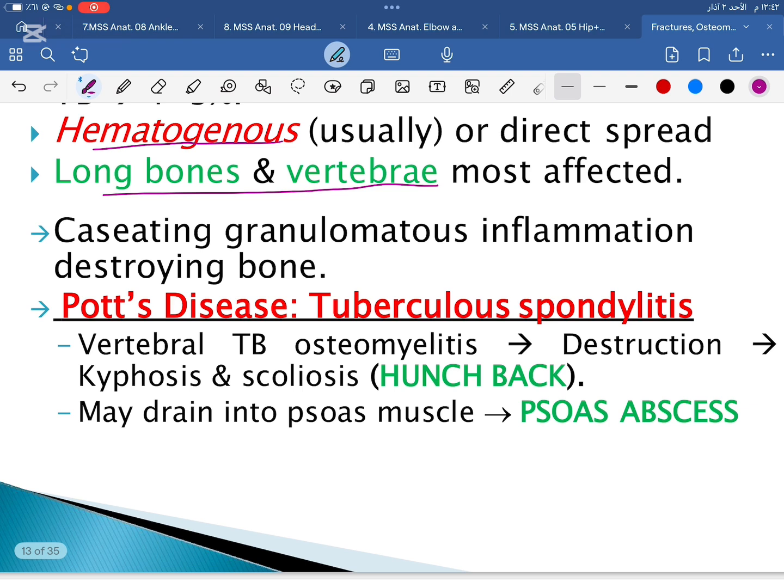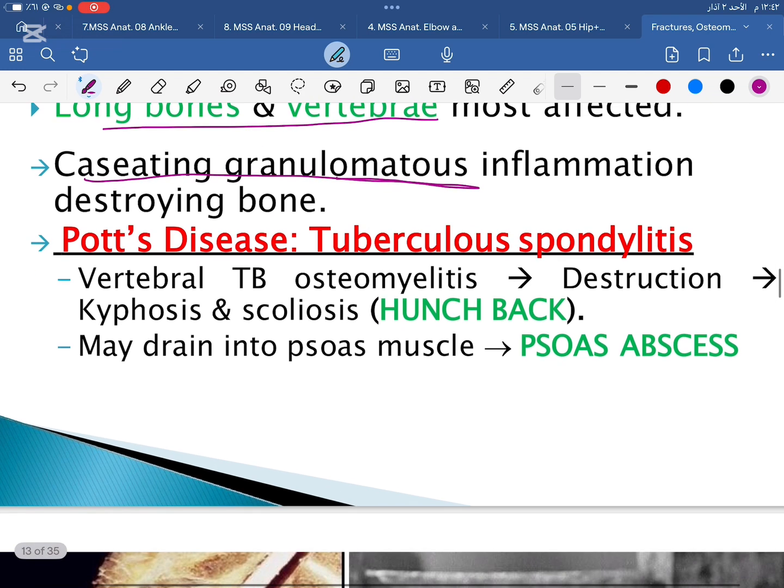The most commonly affected bones are long bones and the vertebrae. Under the microscope, as in TB infection, it will show caseating granulomatous inflammation, caseation, that is destroying the bone.